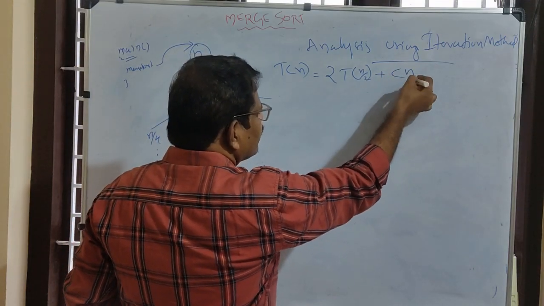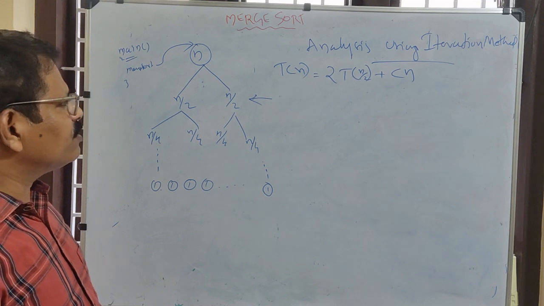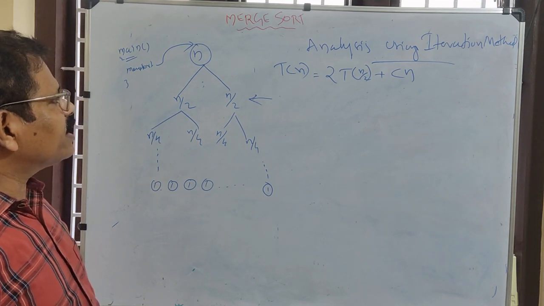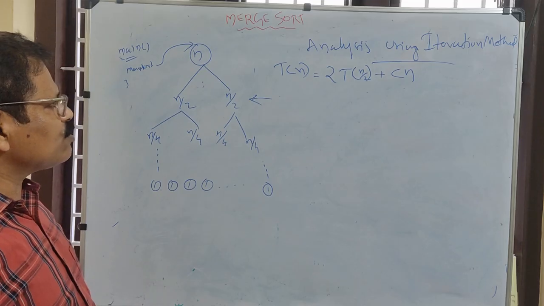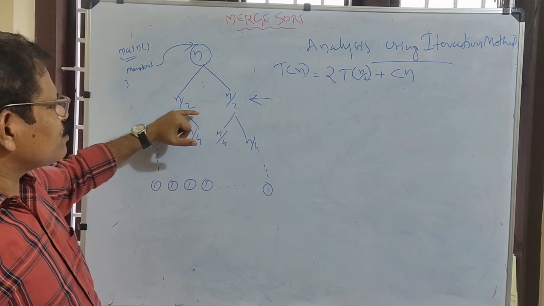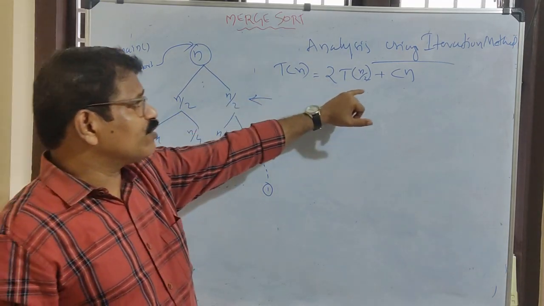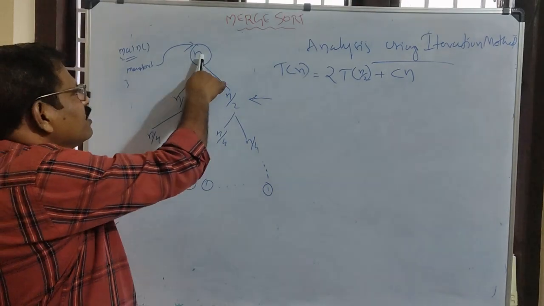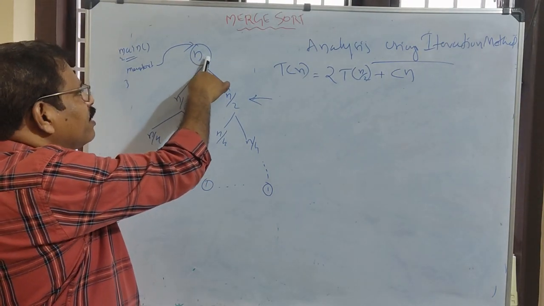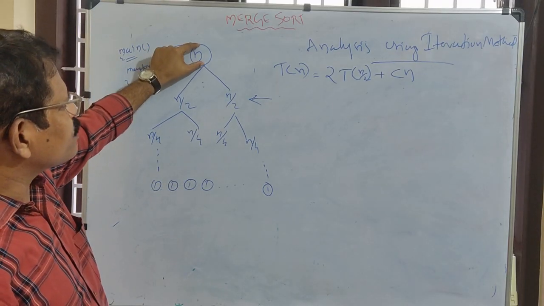So we will add that to this total cost. Then we will get T(n), that is cost of processing n elements, equal to time to process 2 problems of size n by 2 each, that is 2 into T(n by 2), plus the work done in the root node. Okay, we are considering this function call.